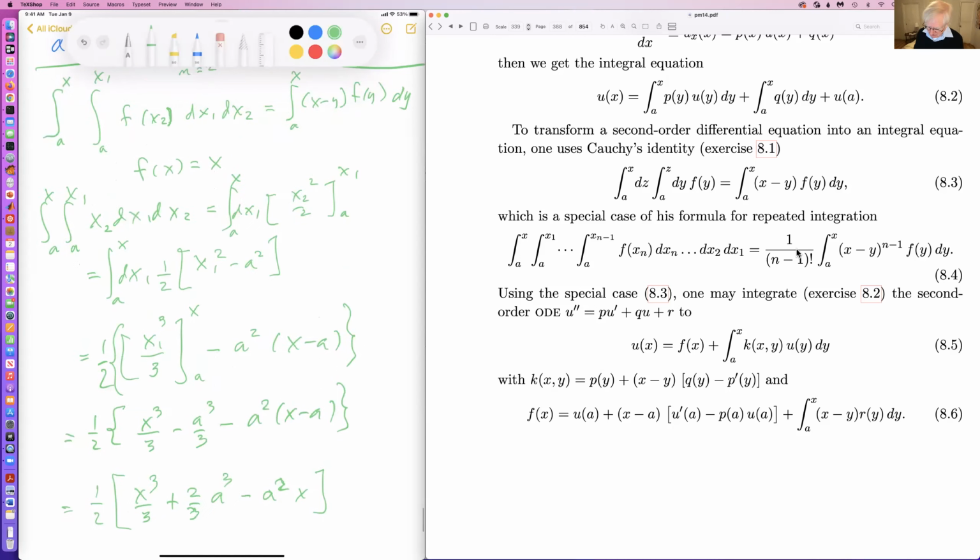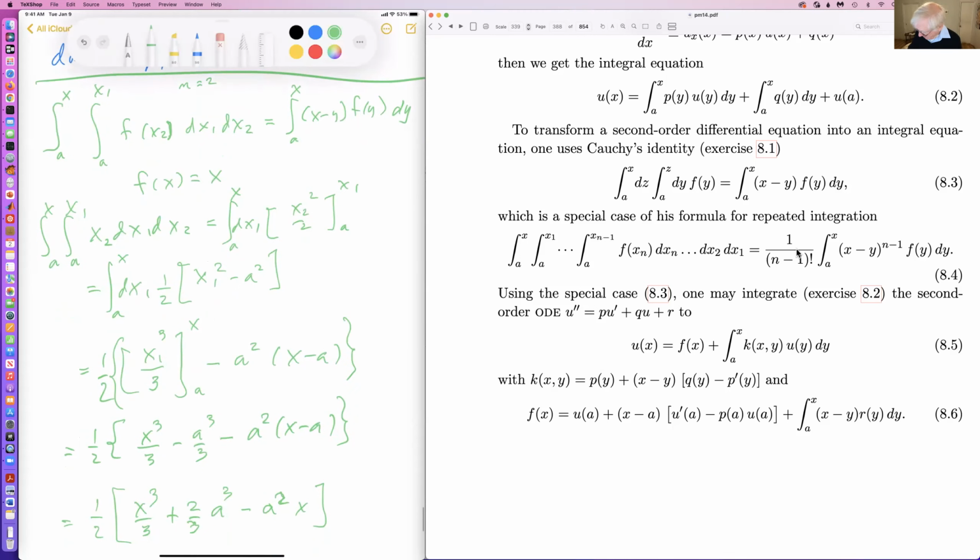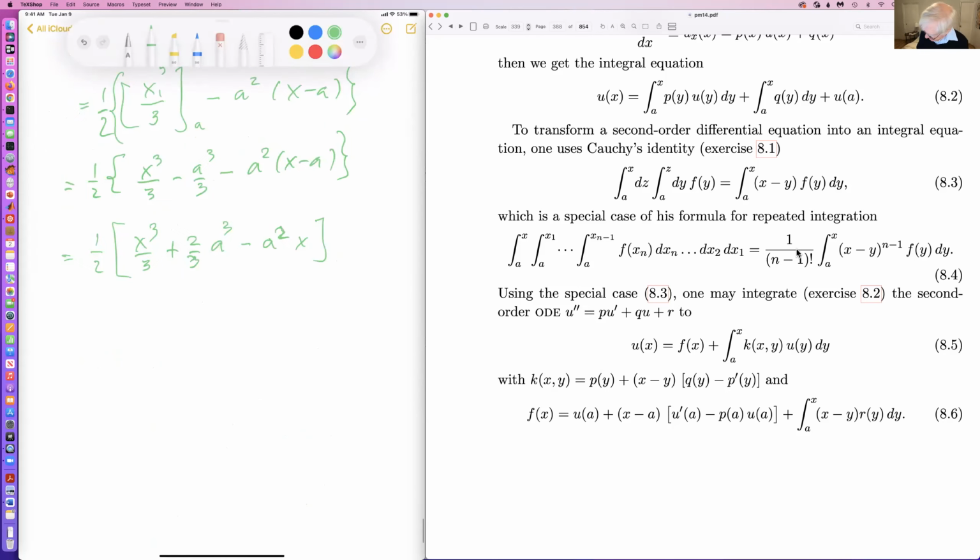Now, what Cauchy says is that's the same thing as the integral x minus y f of x. And so if I can, let me just copy that so I don't, a to x, x minus y, and this is just going to be y dy. So now this then should be integral from a to x of x minus y, y dy. Boy, this is a miracle if this works out.